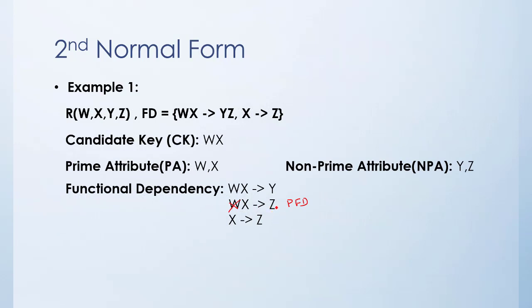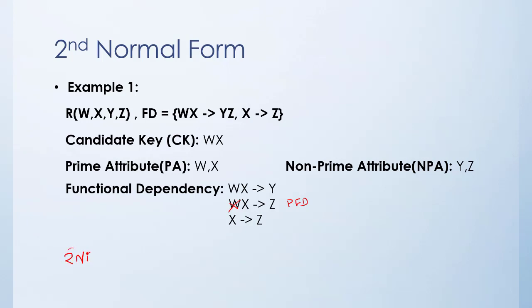You can see that Z is not fully functionally dependent on the candidate key, that is WX. So this relation R is not in 2NF.